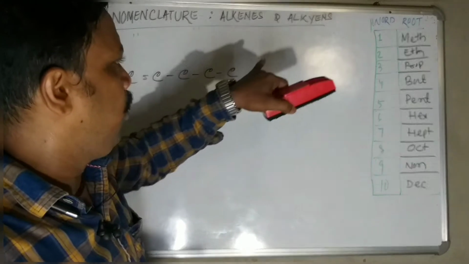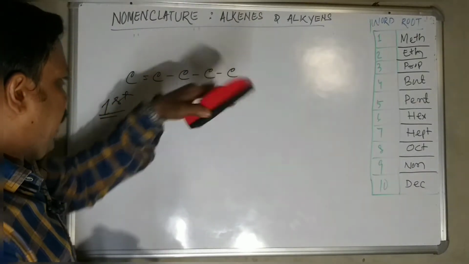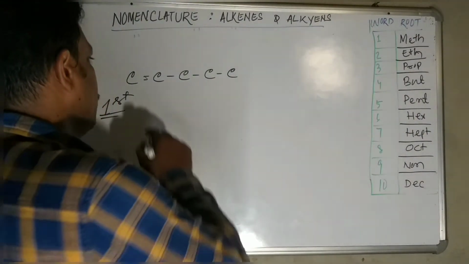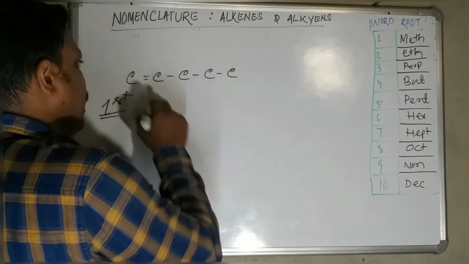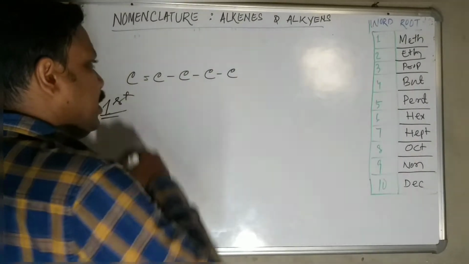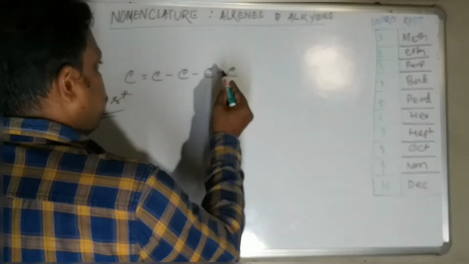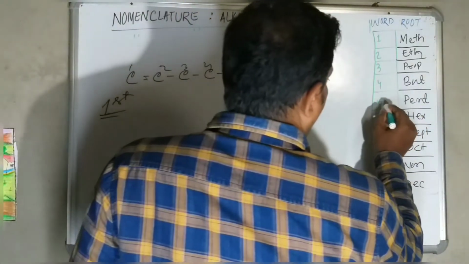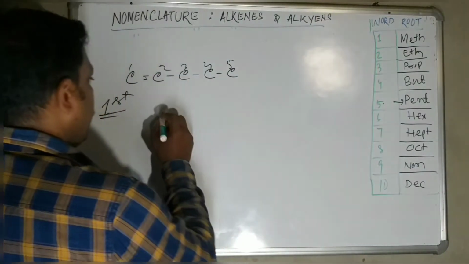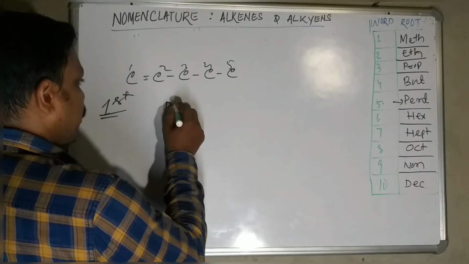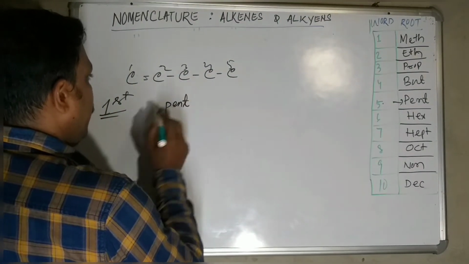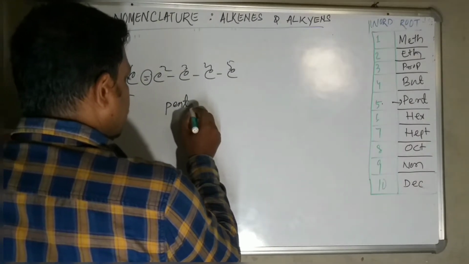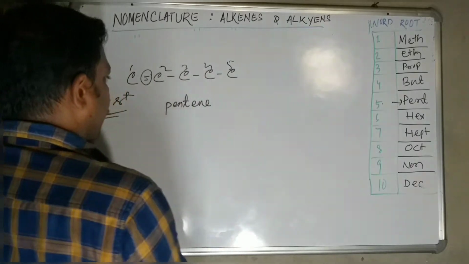First, we have to write the prefix. What is the prefix? The functional group is second one, and the root word is for 1, 2, 3, 4, 5. This is 5, for pen, so we can write here pen, and the double bond is here, so the suffix is ene.